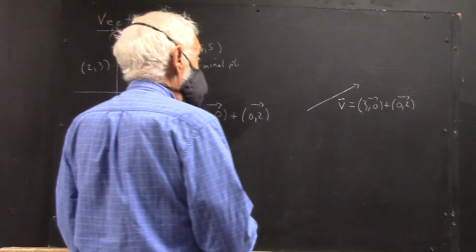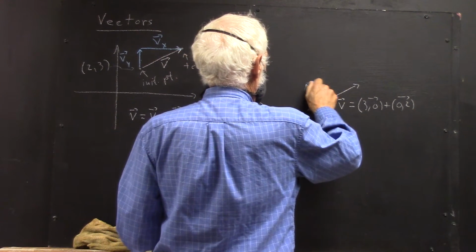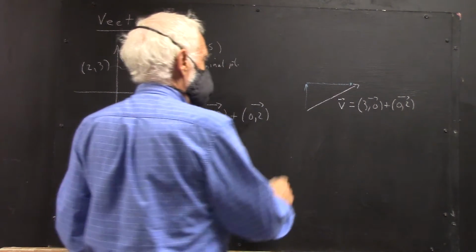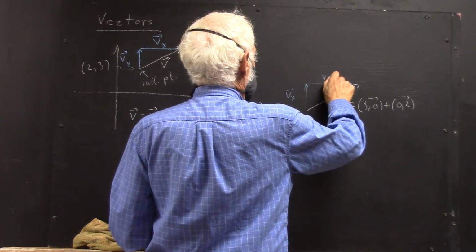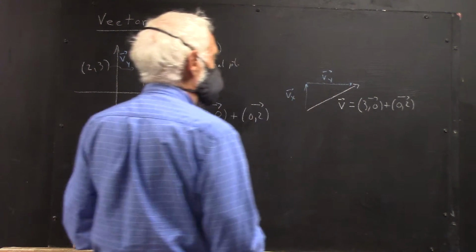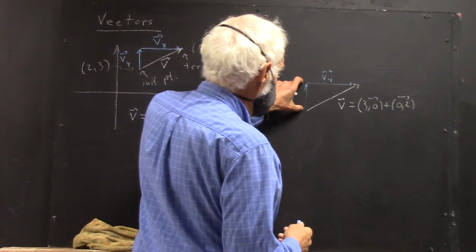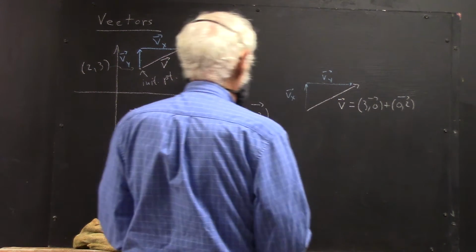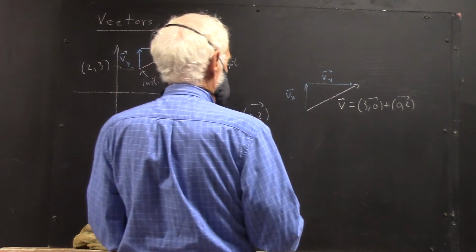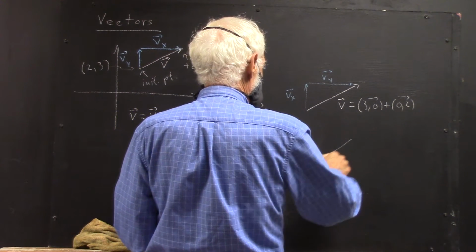We know then that this vector is the sum of these vectors, Vx and Vy, so that this distance here is 2 and this distance is 3. Okay, so this is 2 units. I'm going to just draw the triangle.